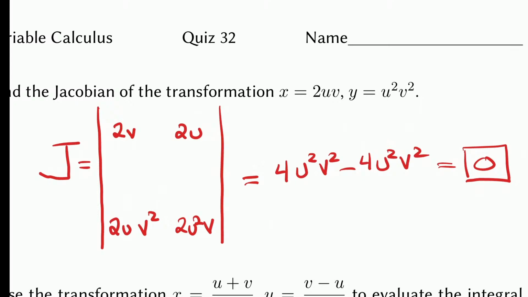It's ridiculous. I'm not sure exactly what this means geometrically, but apparently it must take your region and collapse it down. You wouldn't want to use this because you get 0 for your Jacobian. But if you got 0, you did it right.